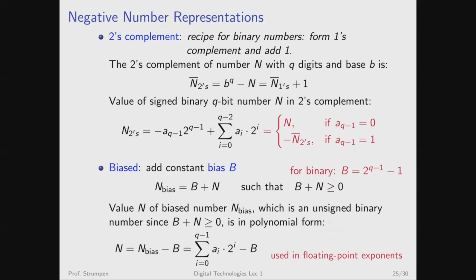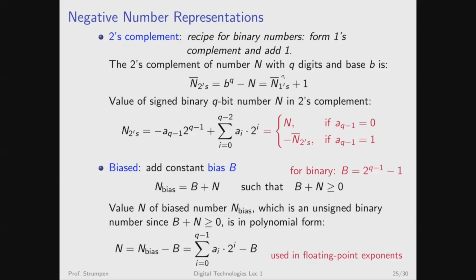It turns out that the ones complement doesn't get us exactly where we want to be. There is a second form of complement, the twos complement, right? Second in row. And the twos complement is simply defined as the ones complement plus 1. Right?